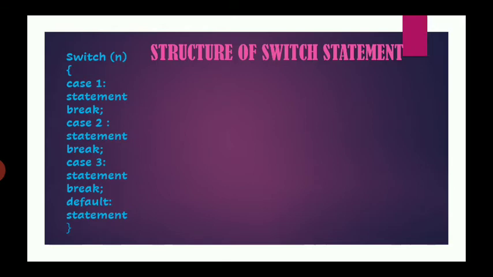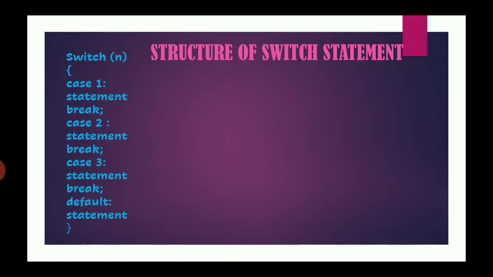If the n value does not match with case 1 and case 2, then it will go to case 3. If the variable n matches with case 3, then it will display that particular statement, and then we terminate case 3 by writing the break statement.